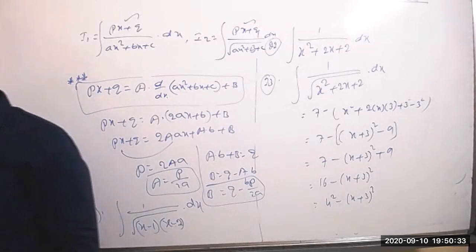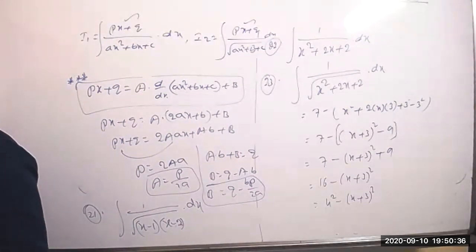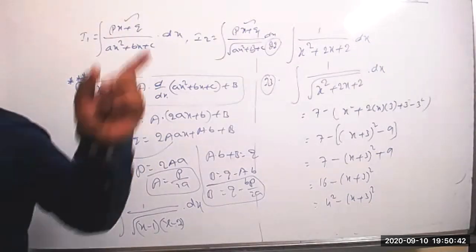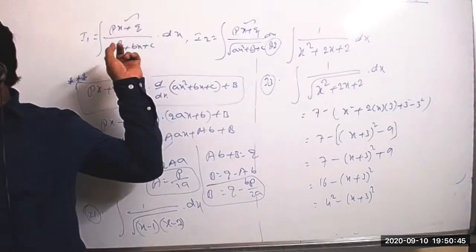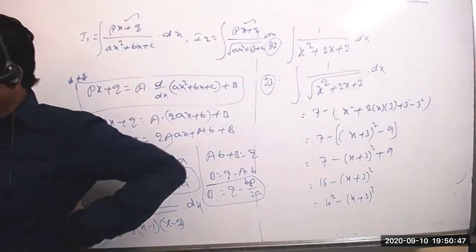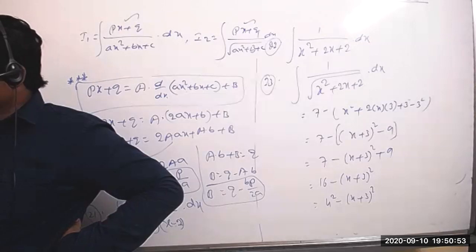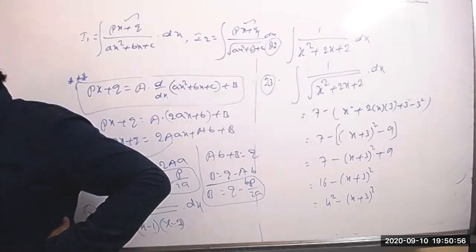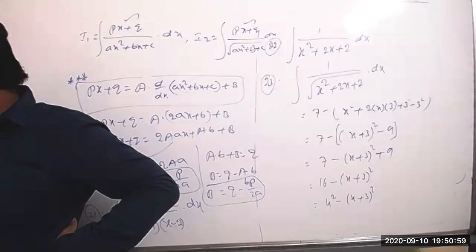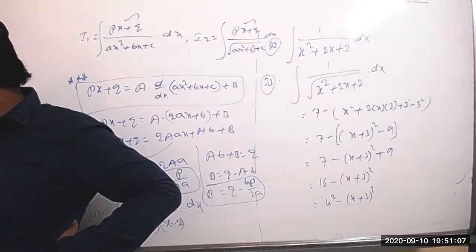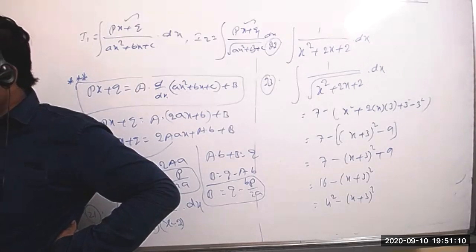And then I can do the integration. Understood now? So theoretically once you can write now, tell me, right? Now, I1 equals integration of px plus q by ax square plus bx plus c into dx, and I2 equals the same integration of px plus q by root of ax square plus bx plus c into dx.